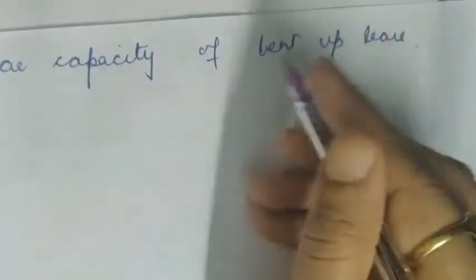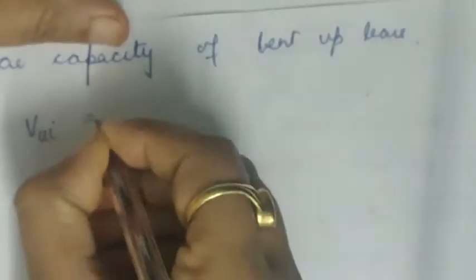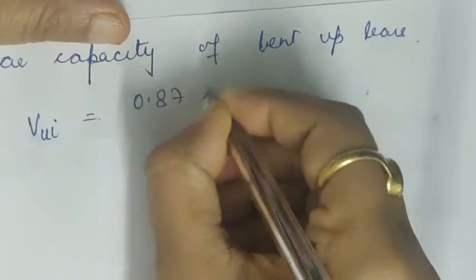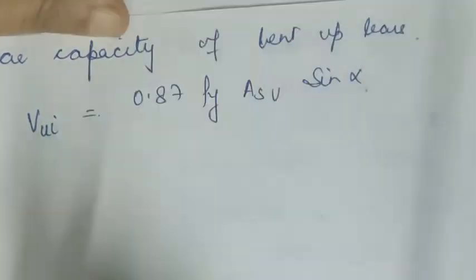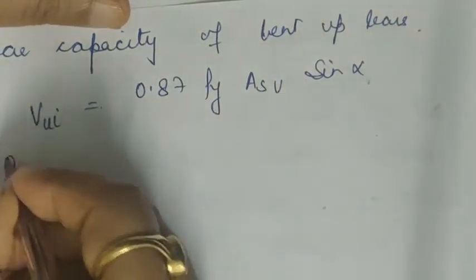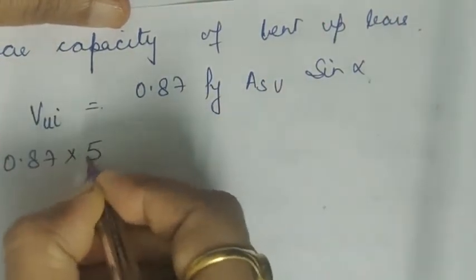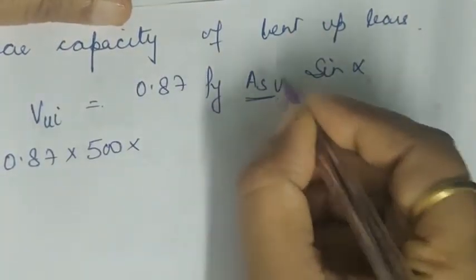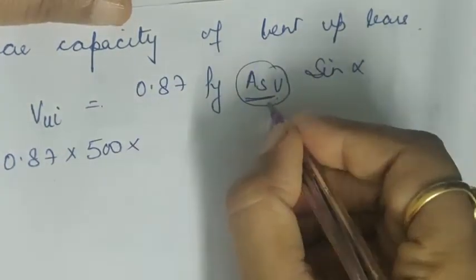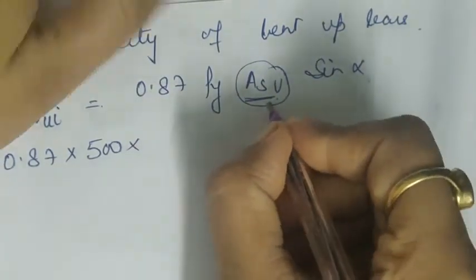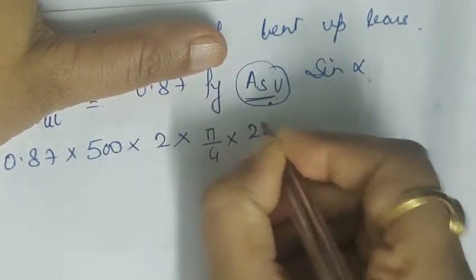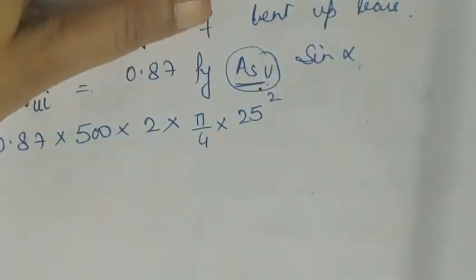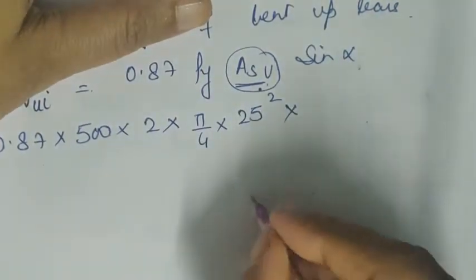Let us put the values. Fy is 500. ASV is the area of shear reinforcement in the form of bent up bars. We are having two bars that are bent up, 25 dia. Sine alpha is the inclination.